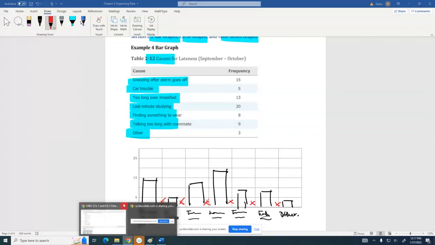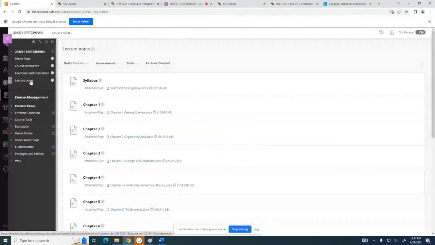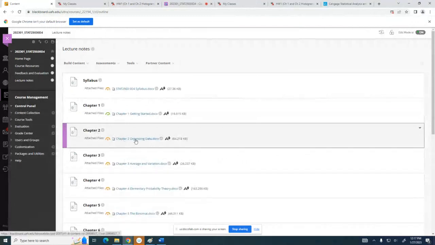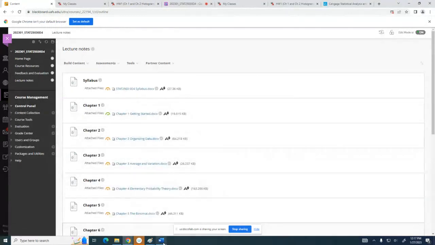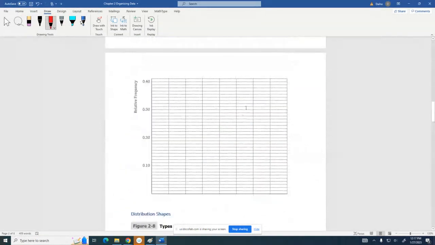When you go to the lecture notes, here is chapter 2. Before, I made the histogram. Let me make the histogram again.